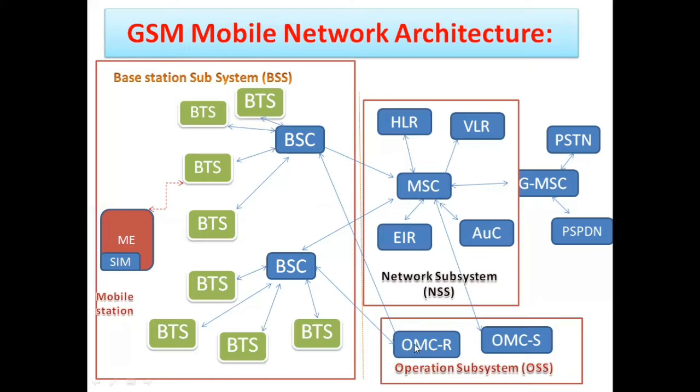It is connected to the BSC, base station controller, to monitor the various parameters connected with the BSC. It is used for configuration of the radio network, and also to check the traffic and various radio resource usage. All of these are monitored through this terminal called OMCR.